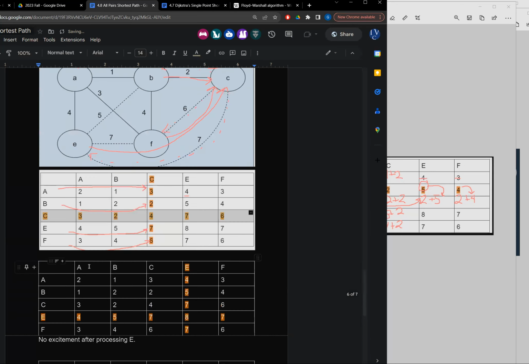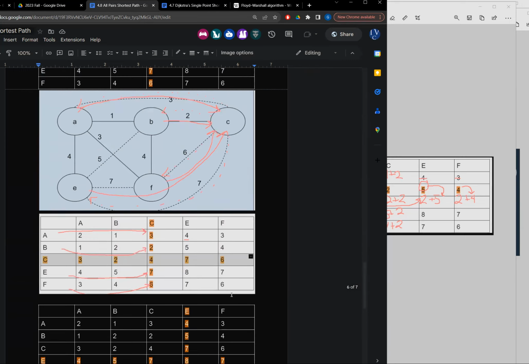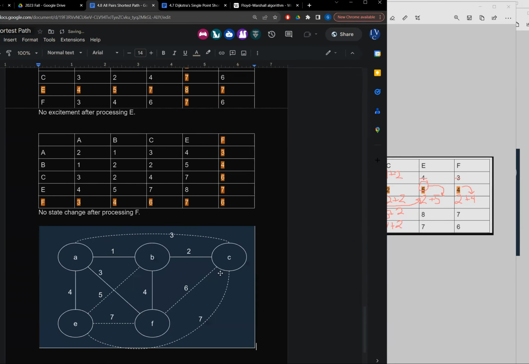So that final graph, and so this is not that the table actually shows this data, but those are shortest paths, right? A to C, and that's the information that we held on to. The fact that we're getting A to B to C is the actual route to get there.